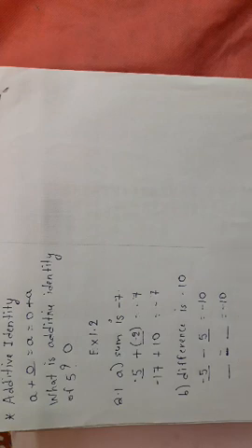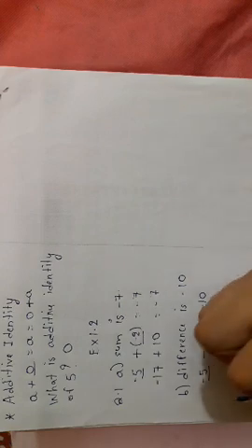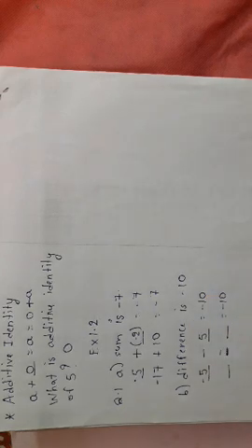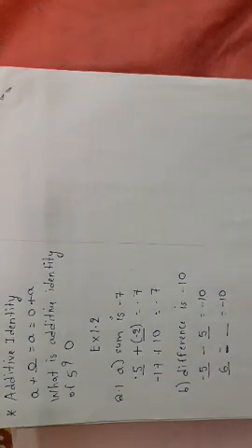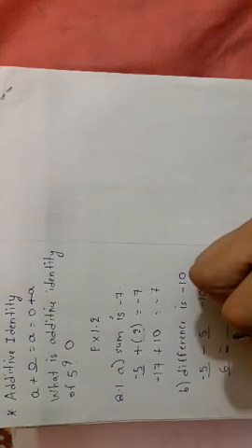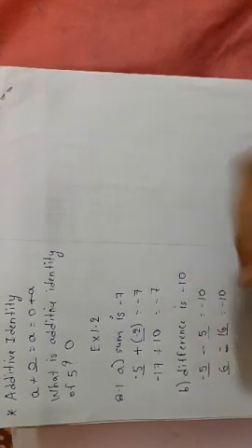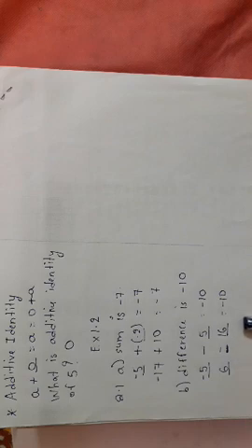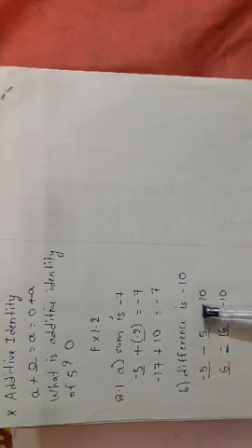So if I consider a number 6, over here the subtraction will be 16, because plus minus is minus. Over here we can't change the sign, because the question asked is that the difference should be equal to -10.